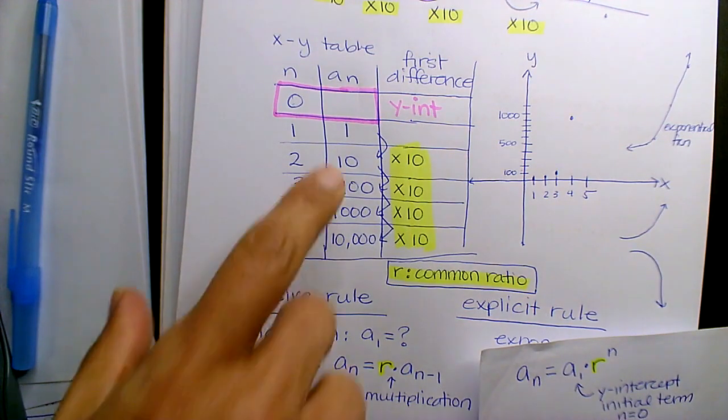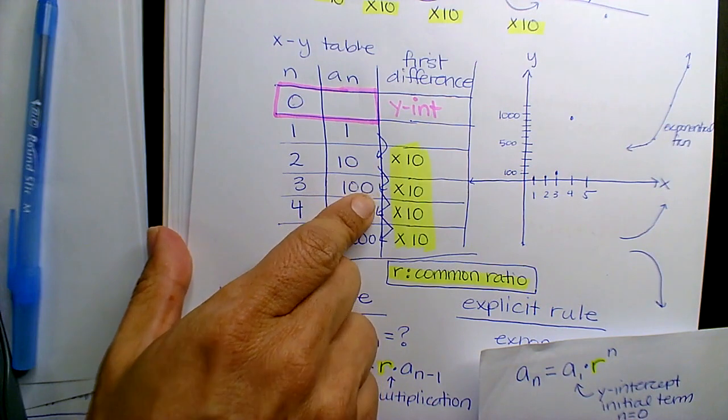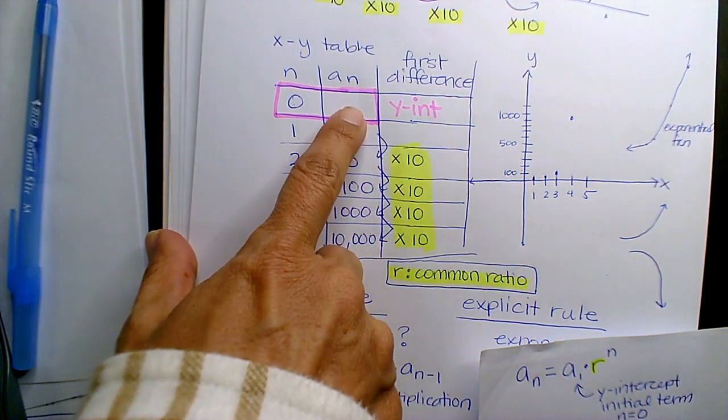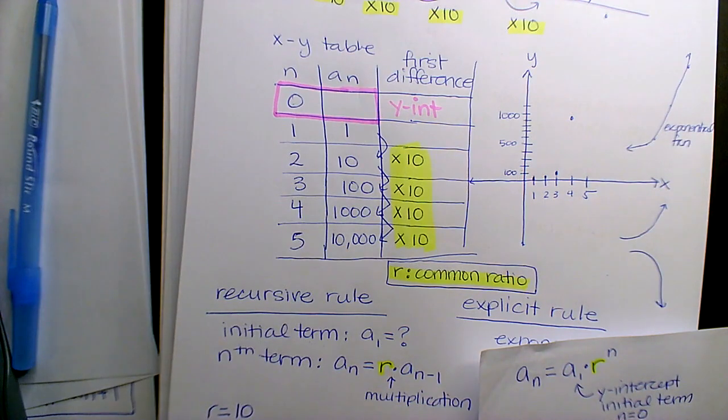So if you're going times 10 times 10 times 10 times 10, if I want to go backwards, what's the inverse operation to multiplying? Dividing, right? Right, you guys said it. So instead of multiplying by 10, I'm going to divide by 10.